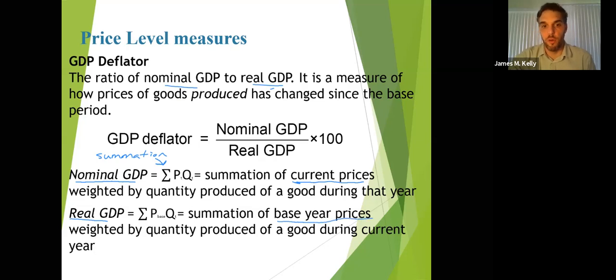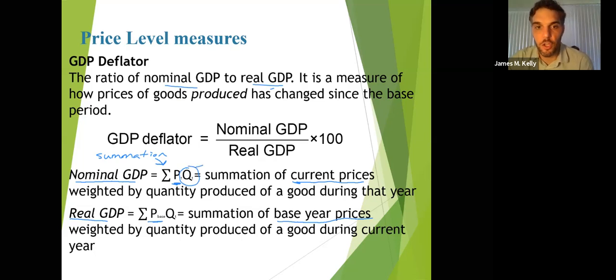When we find real GDP, we're doing the same thing, except we're finding the market value using a base year's prices. So when we're finding the GDP deflator, really we're just taking the ratio between this year's prices, the current period's prices, and the base period's prices. The way we're taking that ratio is by weighting it by the amount of stuff being produced.